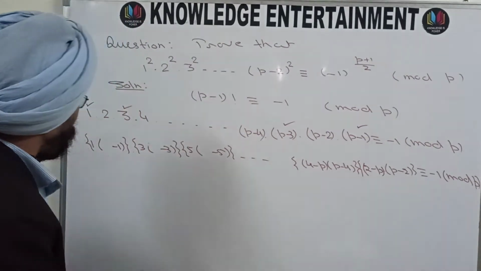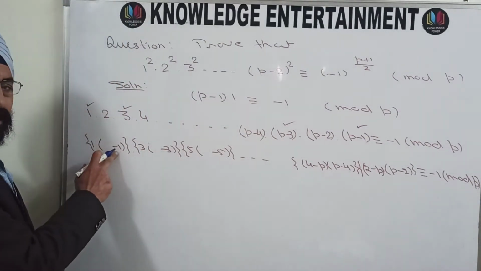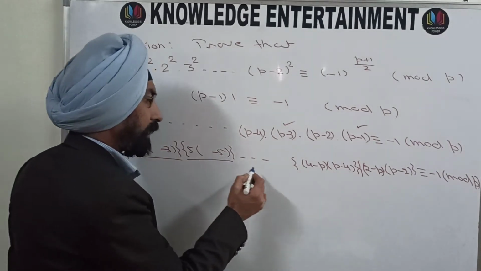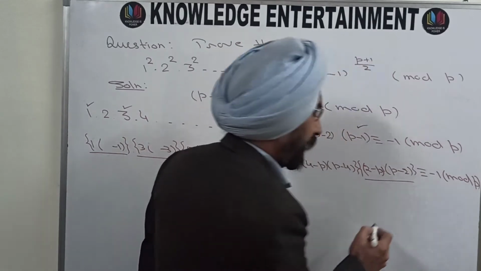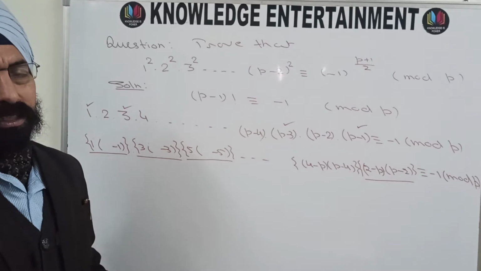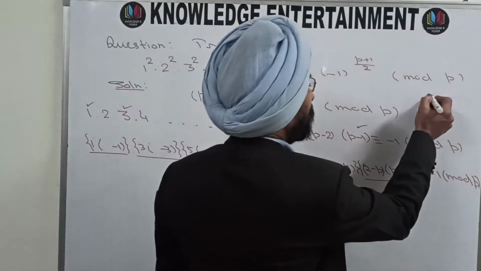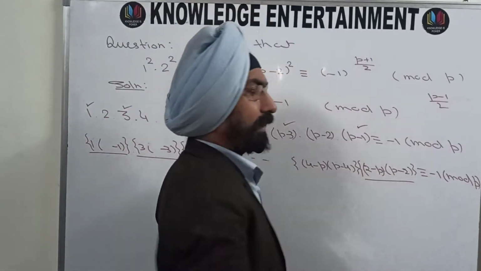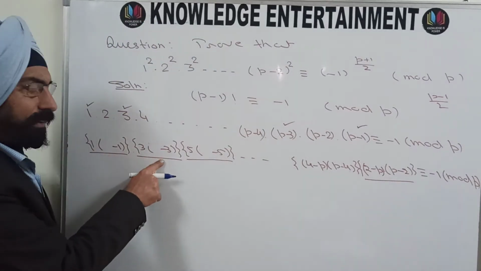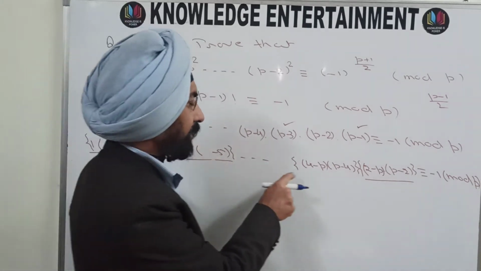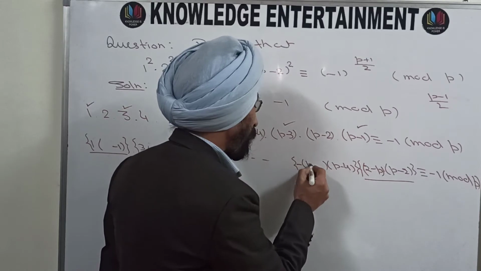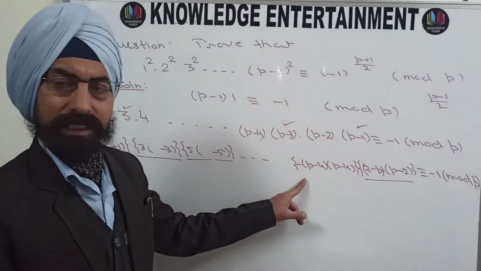Now look at how many pairs these are. This is one pair, this is the second pair, this is the third pair, and as I told you earlier, the last pair will be the (P minus 1) by 2 th pair. So there are a total of (P minus 1) by 2 pairs. Now in each pair, a negative sign is here, a negative sign is here, a negative sign is here, and if I write this 4 minus P as minus (P minus 4), so a negative sign is here.